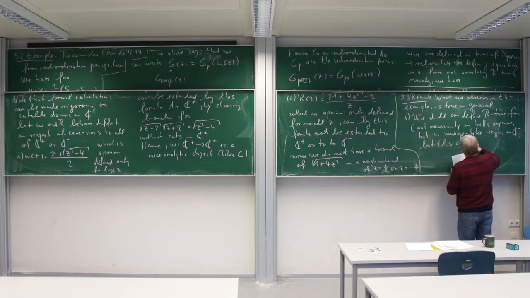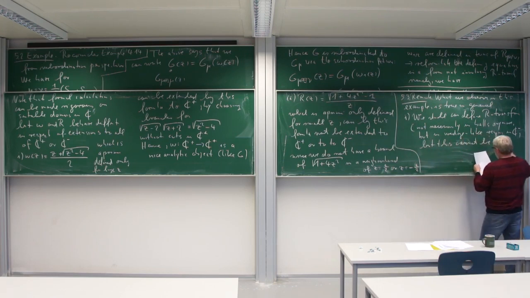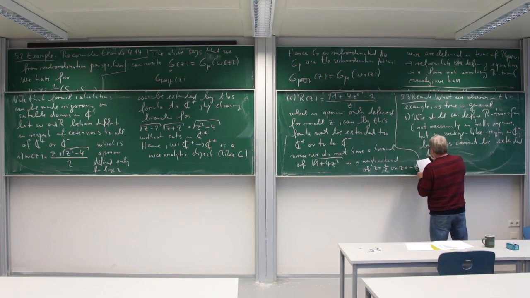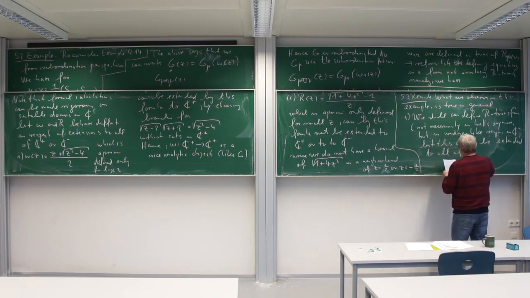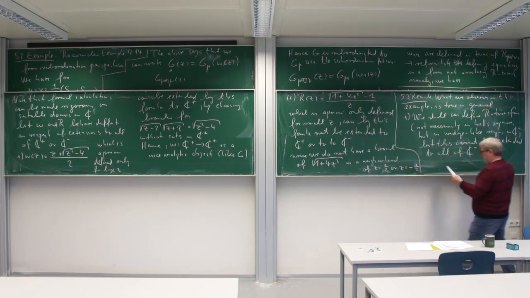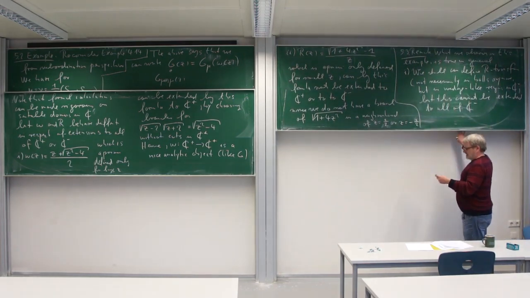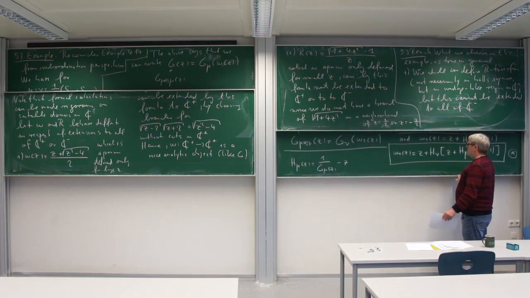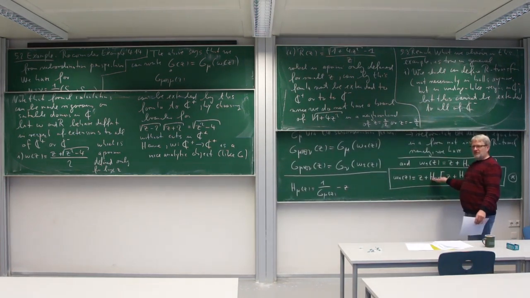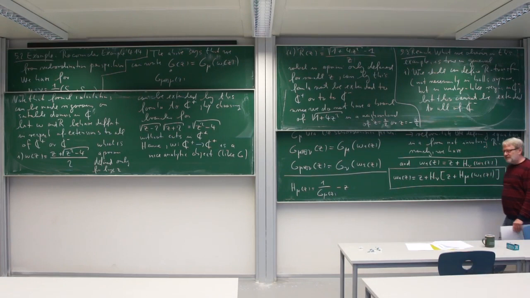This cannot be extended to all of C minus. Okay, but the subordination functions on the other hand, which we essentially define by this fixed point equation, can really be defined everywhere on C+.